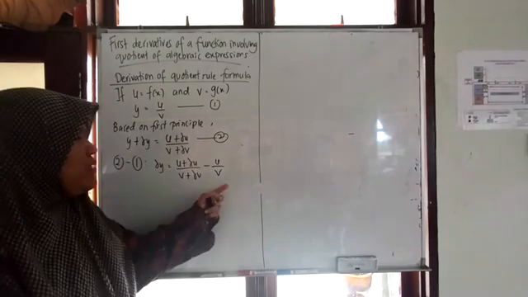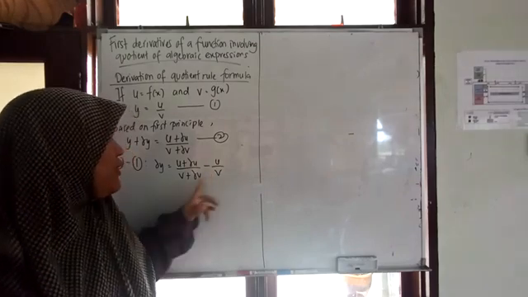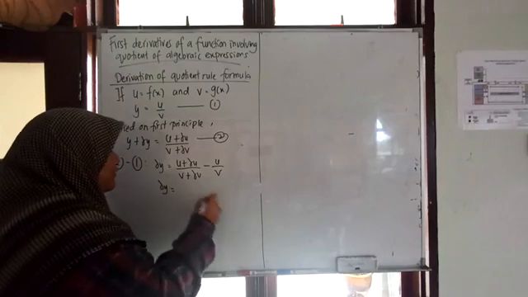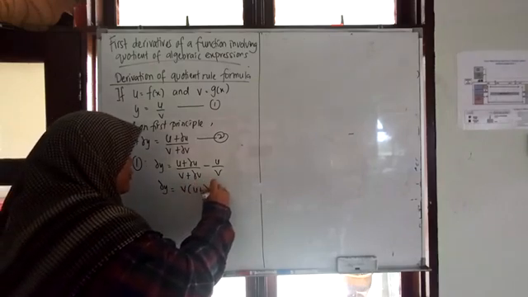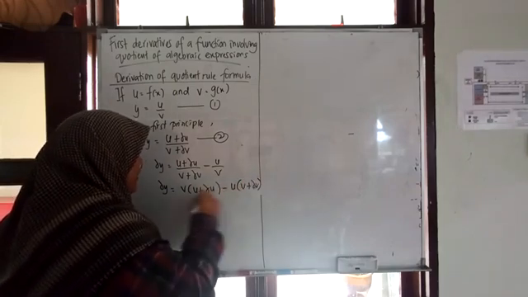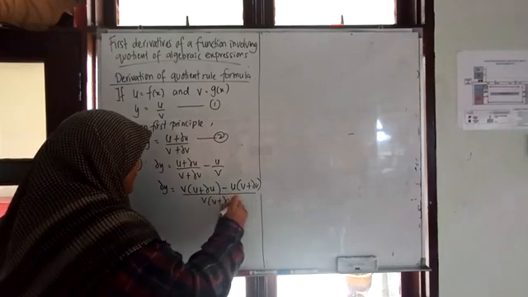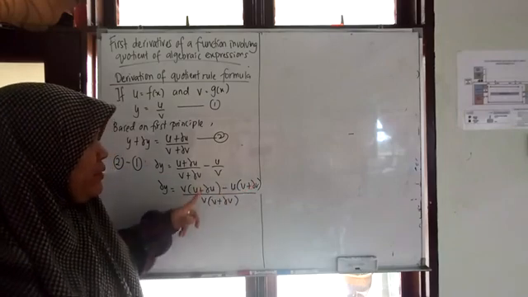So we have fractions with the operation of subtraction. First find the common denominator. So delta y is equal to [v times (u plus delta u) minus u times (v plus delta v)] over [v times (v plus delta v)]. Next, we need to expand the numerator.